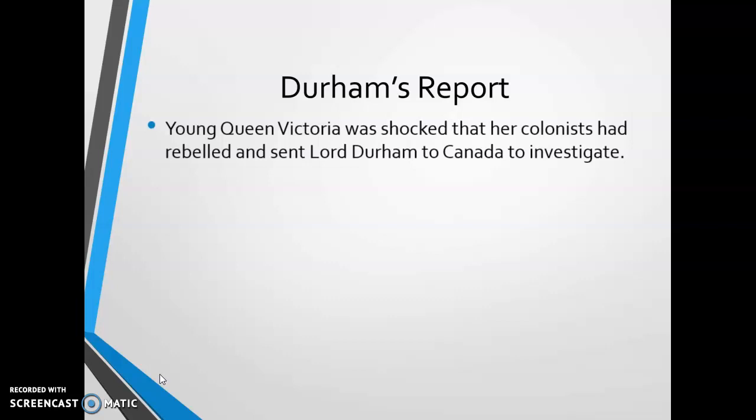As such, she wasn't trained in the standard how to be a monarch thing, and so instead she became very upset at the idea that her colonists had rebelled. And her upset was not about how dare they, but rather about what's wrong. Why are my citizens rebelling? So she sent Lord Durham to Canada to investigate.